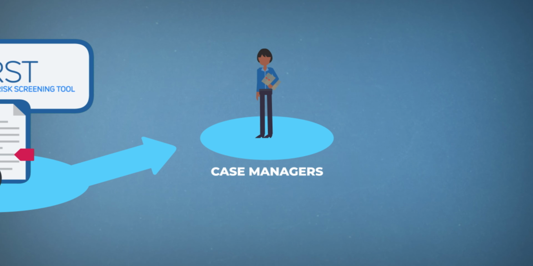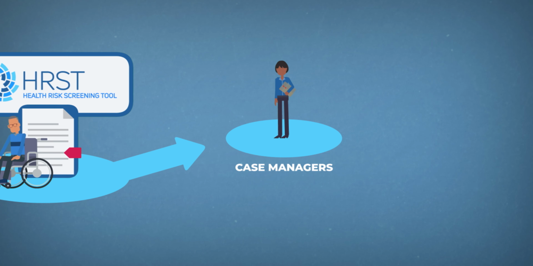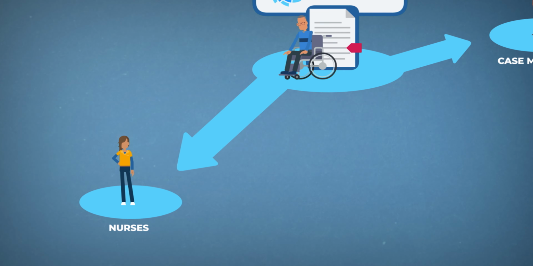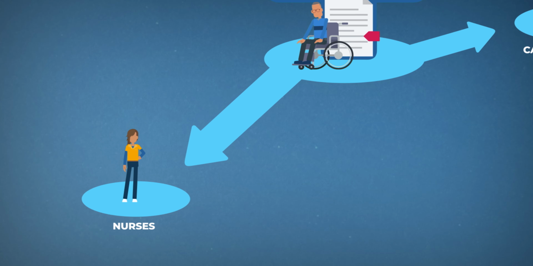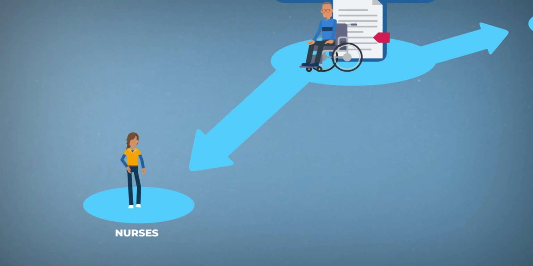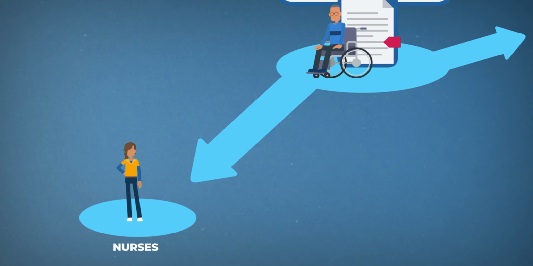Case managers gain a clearer view of overall health and risk to inform oversight and monitoring. Nurses gain insight into clinical needs and training opportunities, as well as ensure the person is receiving the most appropriate clinical attention, both in amount and intensity.